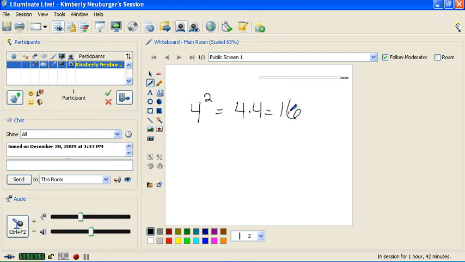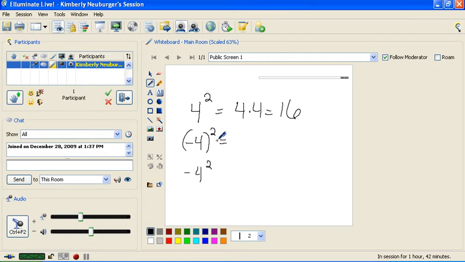However, when you get to negative numbers, there's a very subtle difference between the way some problems are written that means to do something different. For instance, you might have negative 4 with parentheses squared, or you might have negative 4 squared without parentheses.